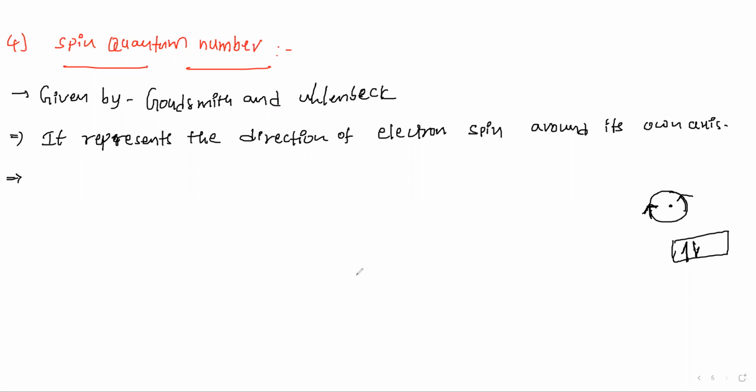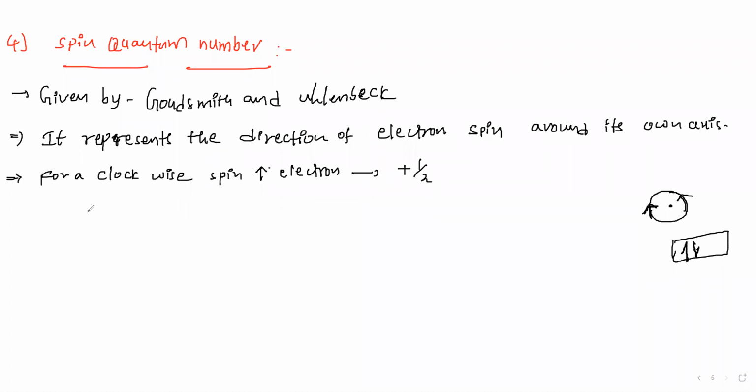For a clockwise spin, an upward direction spin electron, we can represent as plus half.